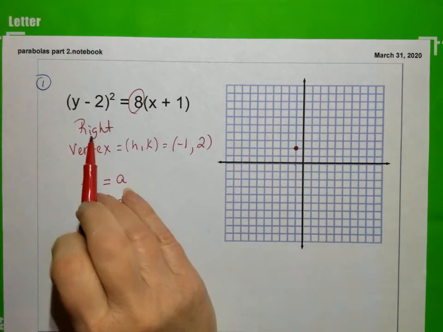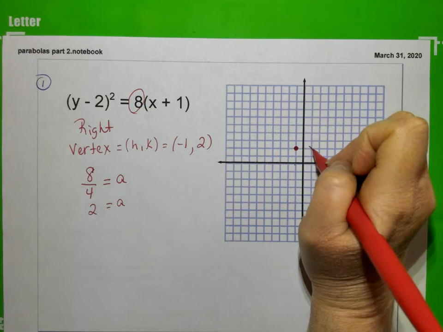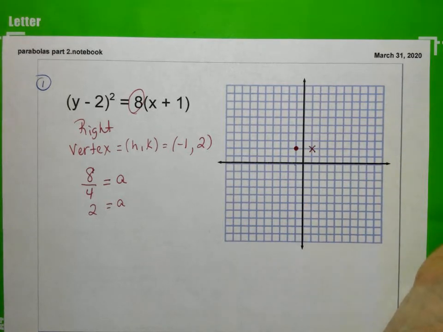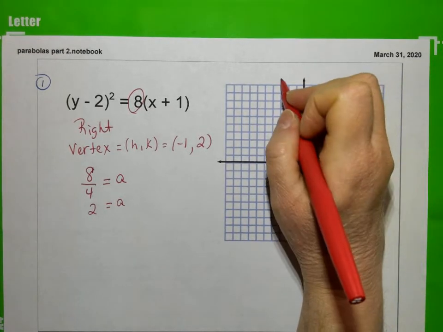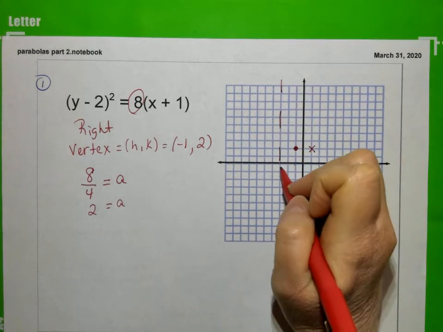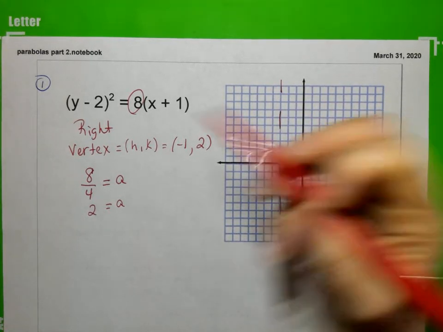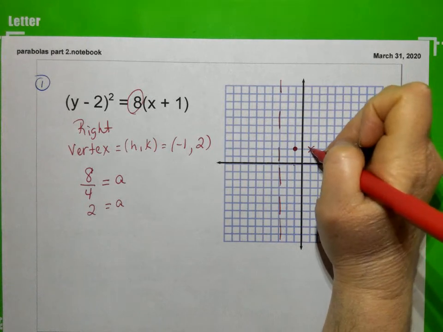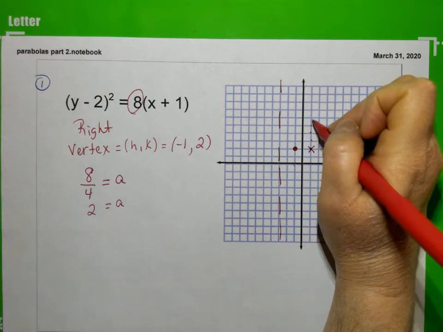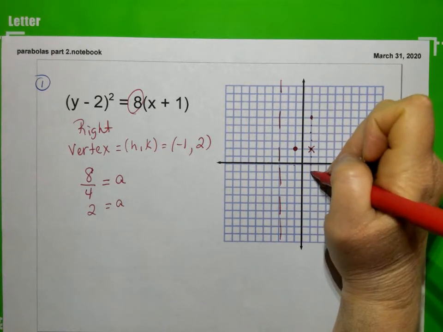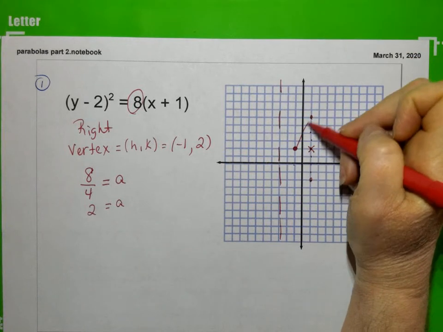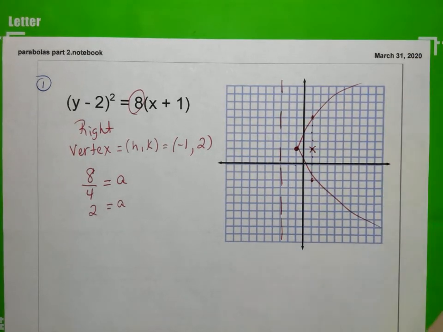It opens right, so 2 units to the right will be my focus, and 2 units to the left will be my directrix. And remember, I double that number. 2 times 2 is 4, starting at the focus, 1, 2, 3, 4, and 1, 2, 3, 4, and I draw my parabola accordingly. Not too bad.